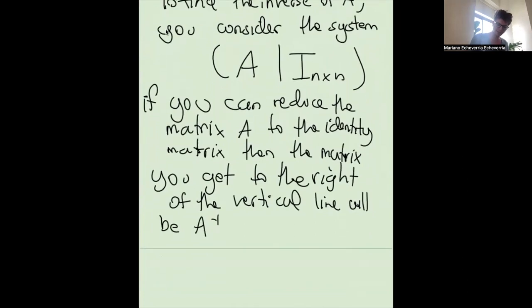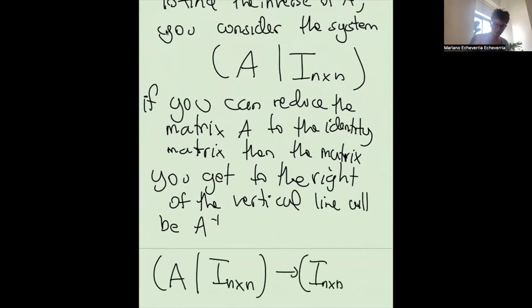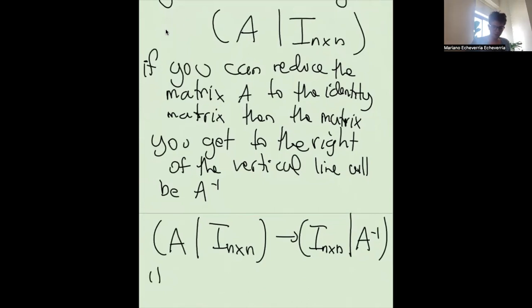Once I do the examples, this will make more sense. So what I'm saying is that if you start with A augmented with the identity, and you can get to the identity on the left-hand side, then whatever this becomes will be A inverse. And if A can't be made into the identity, then A doesn't have an inverse.